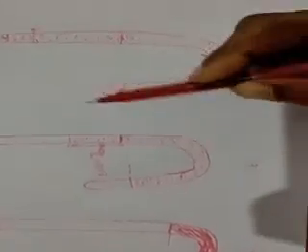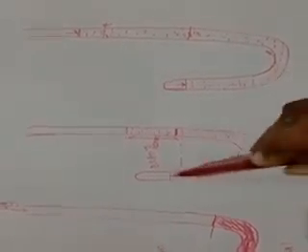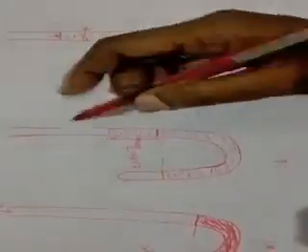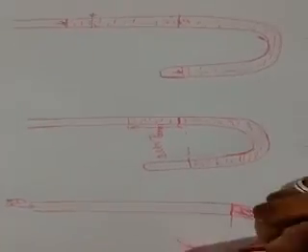To remove the proportionality sign, we add a constant, the proportionality constant K. So V is equal to K, the proportionality constant, times 1 by P.